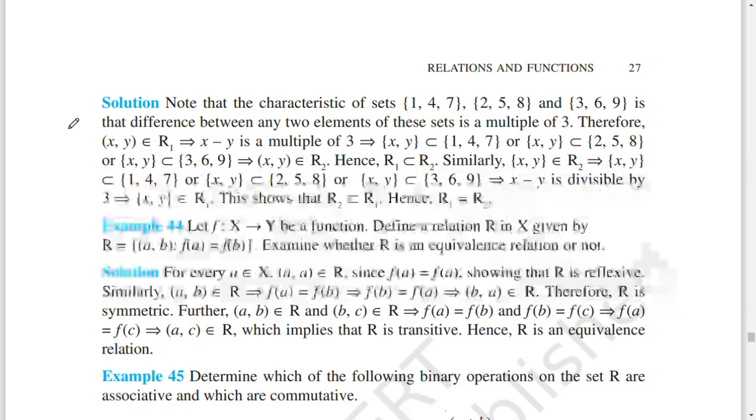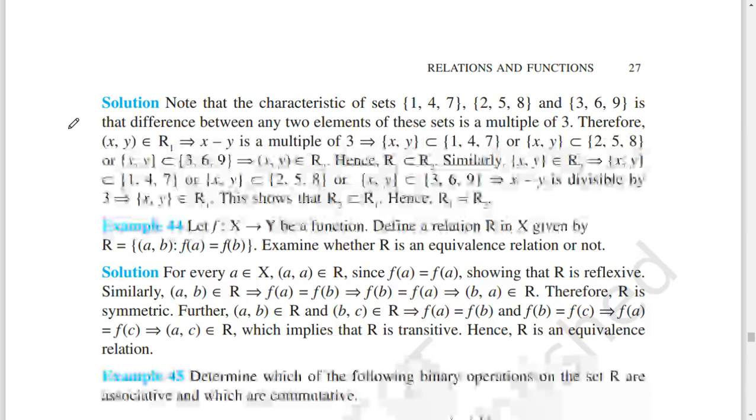Hence R1 is a subset of R2. Similarly, (x, y) belongs to R2, that is x, y belong to {1, 4, 7} or {2, 5, 8} or {3, 6, 9}, that is x minus y is divisible by 3, so (x, y) belongs to R1. This shows that R2 is a subset of R1. Hence R1 = R2.